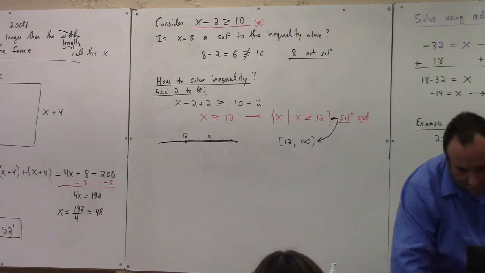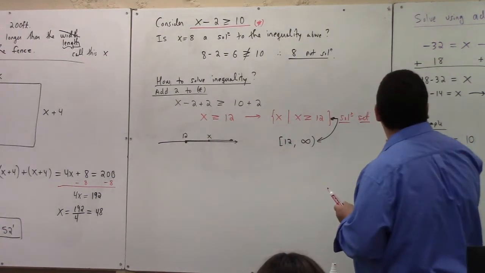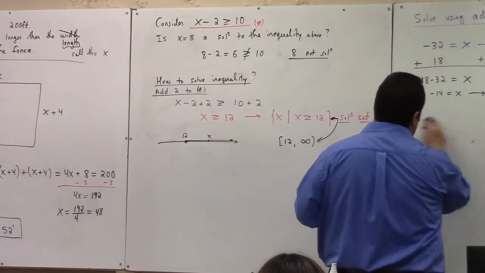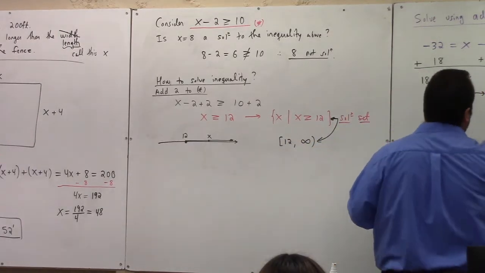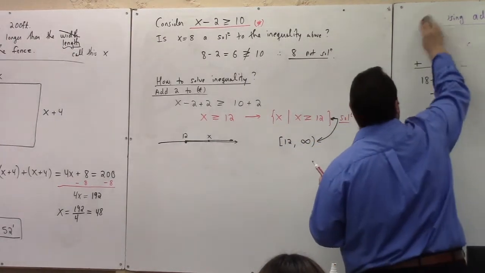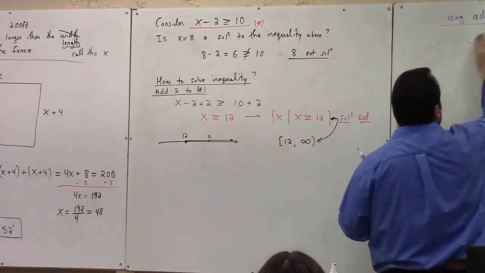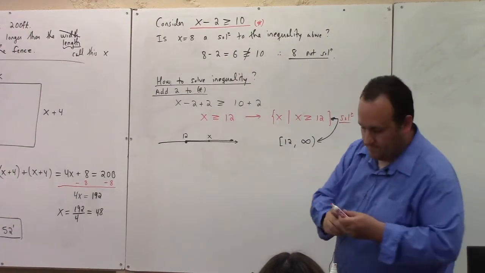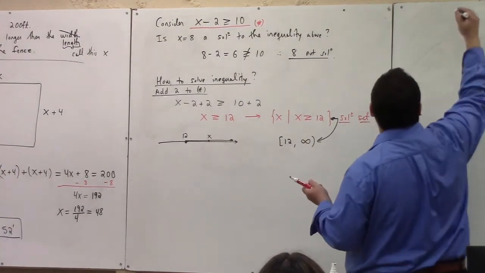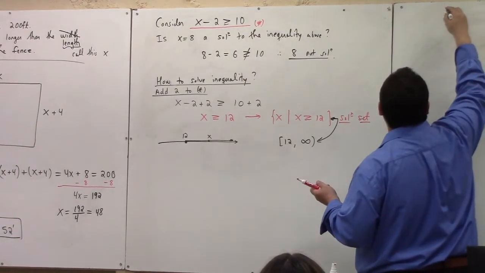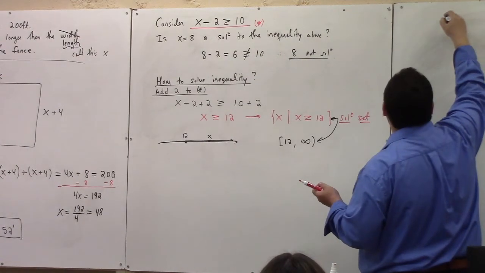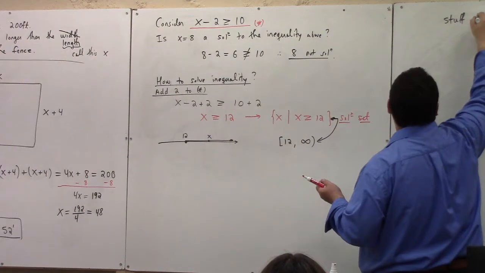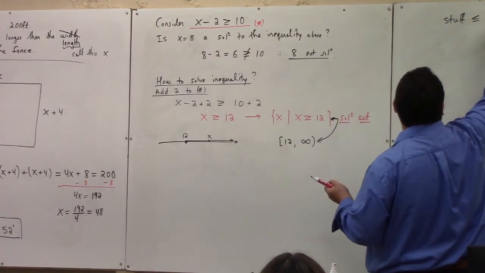Now, I should warn you, we've got to be careful with inequalities. Let me do one more here. This will probably be it for today. Let me be somewhat unscientific about this. Stuff is less than or equal to Bob.